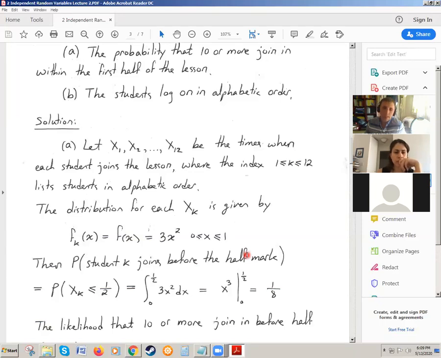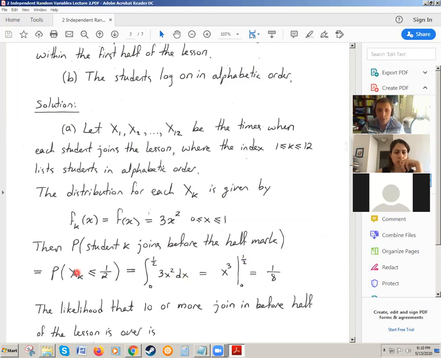Binomial, precisely. It's now binomial because now each independently is a success or failure, right? So person 1, success or failure. Person 2, success or failure. So now the question is simply binomial with success probability of 1/8 for each trial. So we have 12 trials.